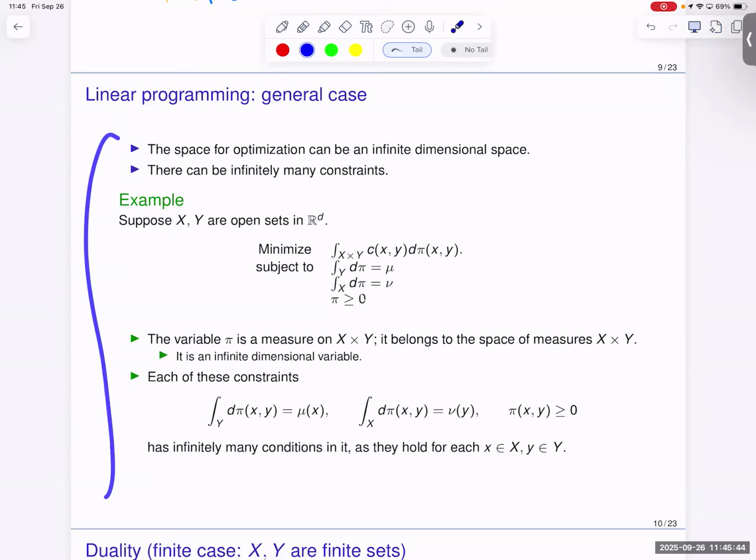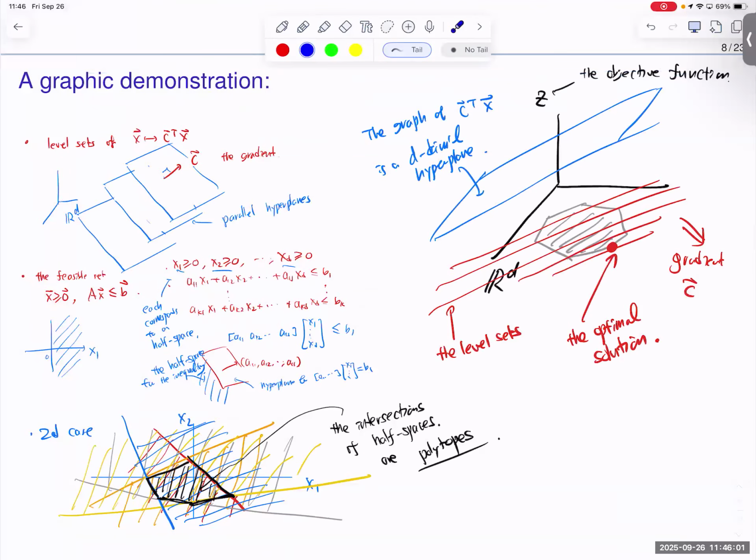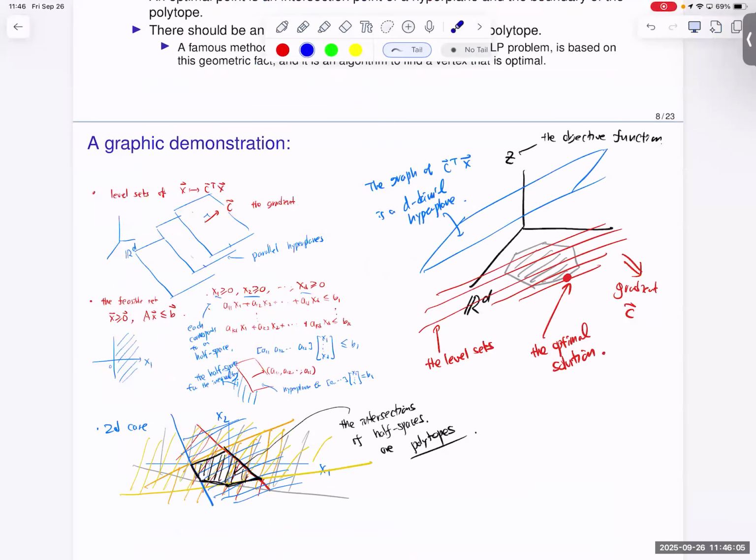Yeah, that's the point of this slide. The typical problem we will consider in this course is highly infinite dimensional. It's uncountably infinite dimensional. But still, this picture helps. Okay, any question from the audience on Zoom?